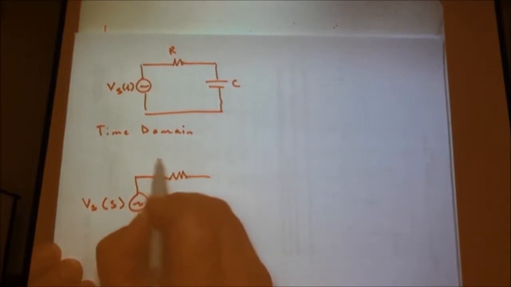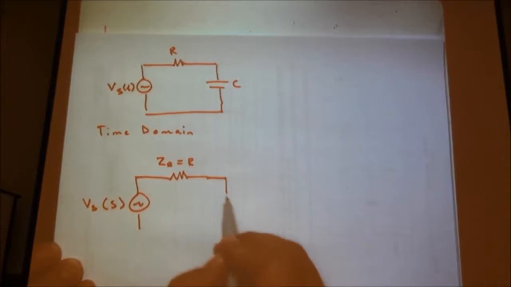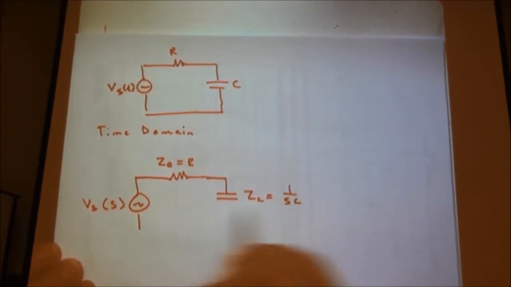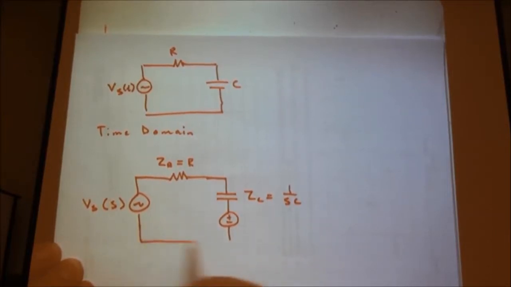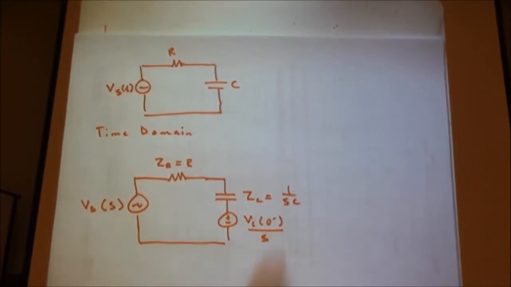We know the impedance of the resistor, ZR equals R. And we know the impedance of the capacitor, ZC is 1 over SC. And then we have an initial condition source here as well. So there's our equivalent circuit with our Laplace transform of the source and our initial condition.